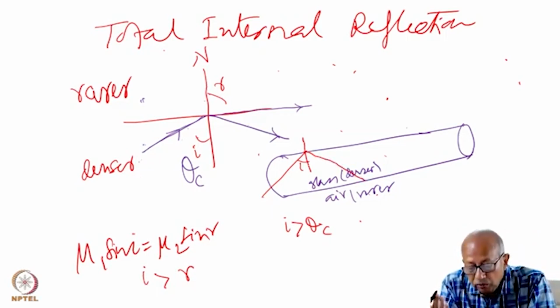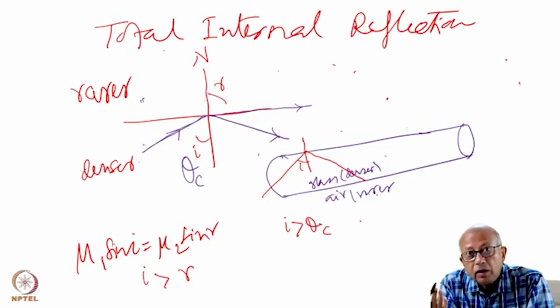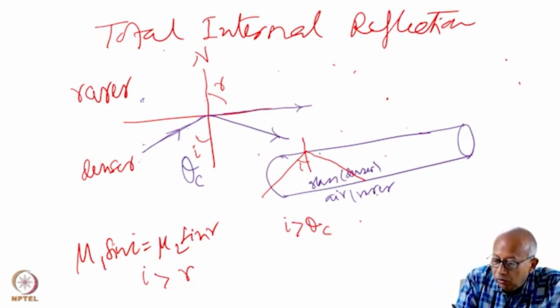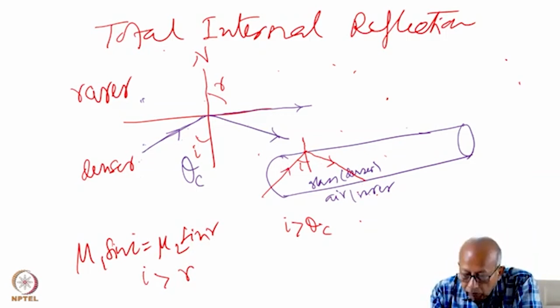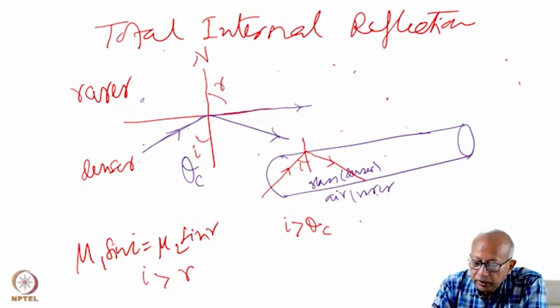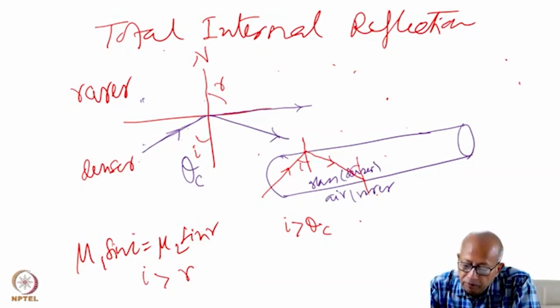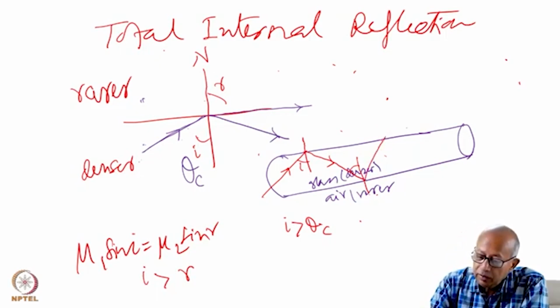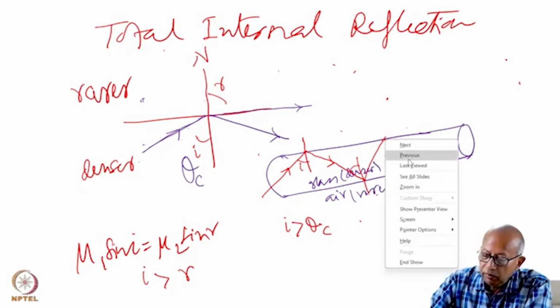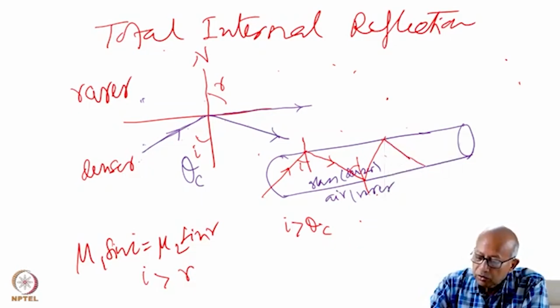The light will be reflected and will fall on the other side of that glass and air interface. Here again, the angle of incidence will be the same, which is more than the critical angle. Therefore, here again, it will be reflected, and it will continue to travel through the fiber in such zigzag paths.